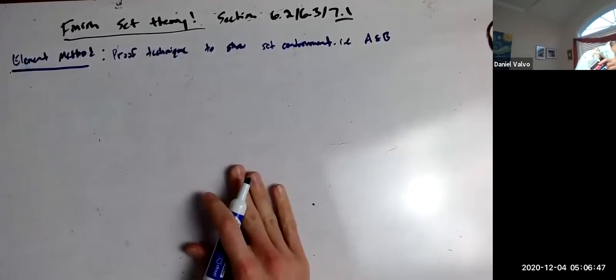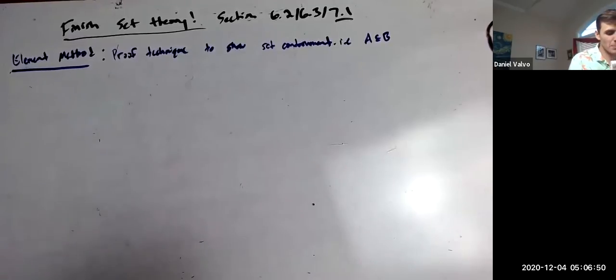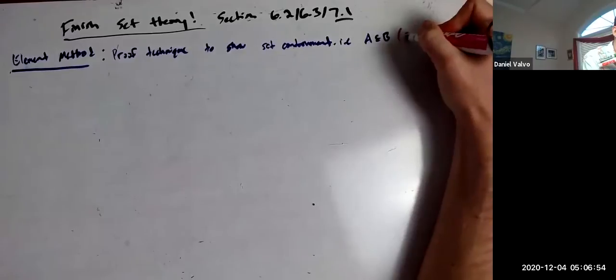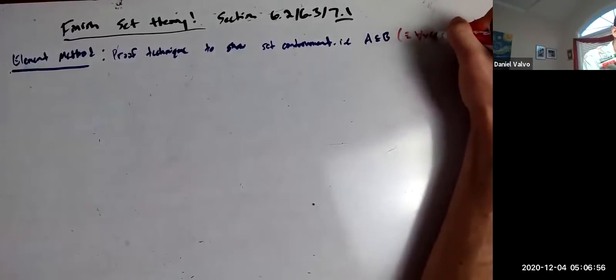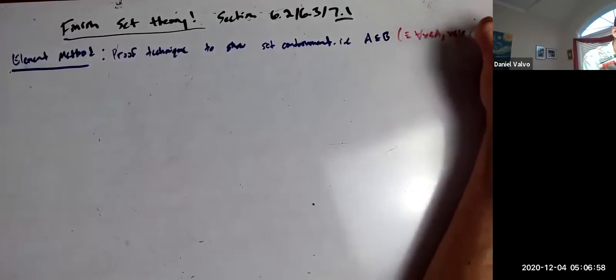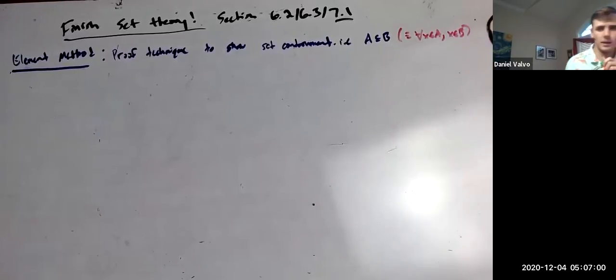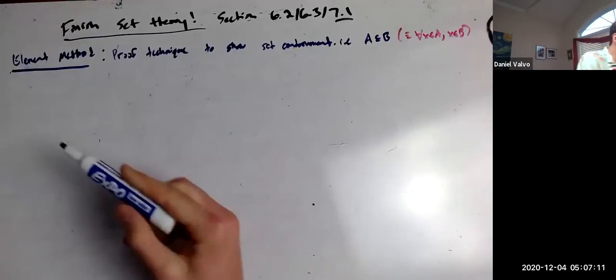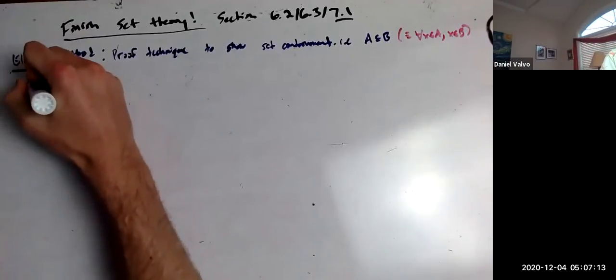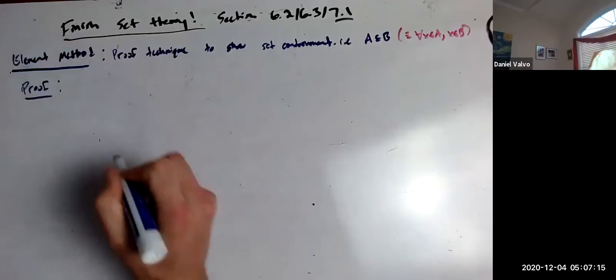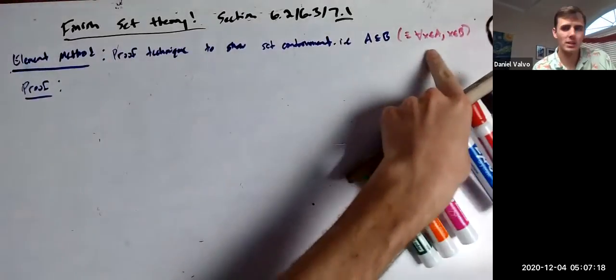Let's remember that A being a subset of B is the same thing as for all X in A, X is in B. That's literally the definition of A is a subset of B. It means every element of A is an element of B. So the way the element method of proof works, you say proof, and we prove the set containment basically by proving this statement.